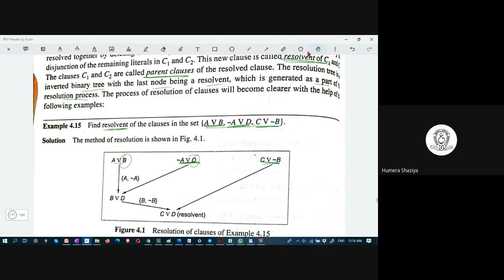After eliminating B and not B, what is left over is C and D, which can be written as C or D, which is a resolvent of the parent clauses A or B, not A or D, C or not B.